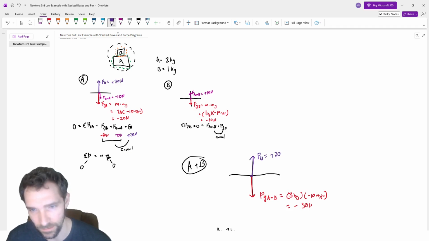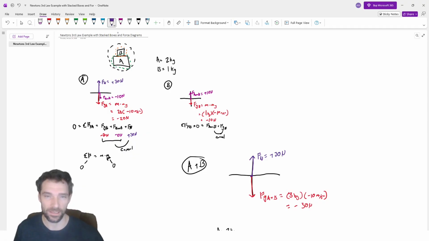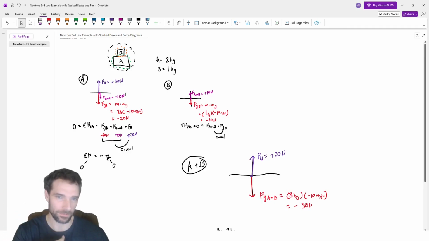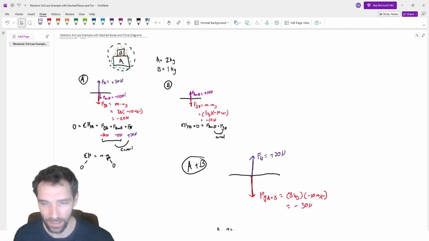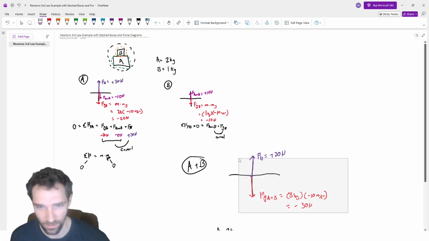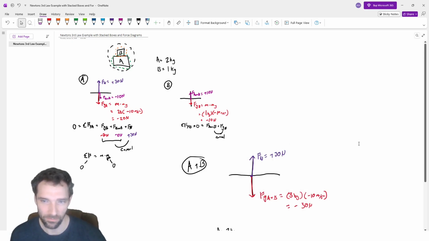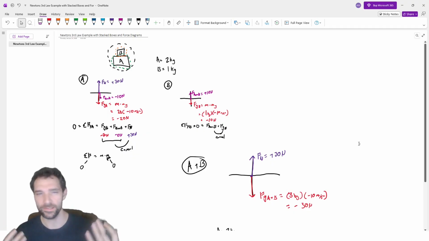positive 30 newtons. So in a sense, this internal force can be thought of as like the amount of gravity that's being applied from object B downward on A. And so you can continue to think like that and actually add those two gravities together when you put it into this larger system. These internal forces kind of cancel out.